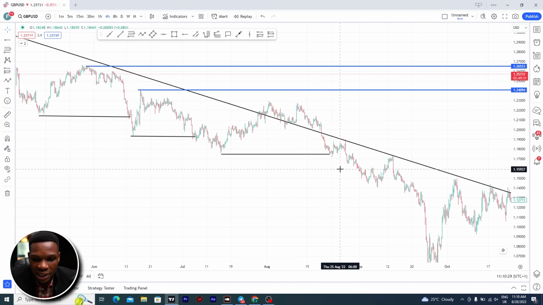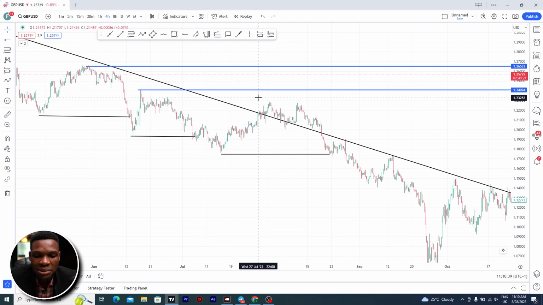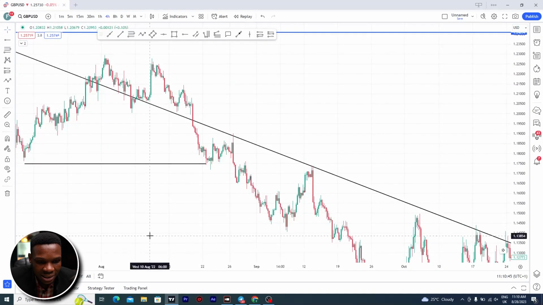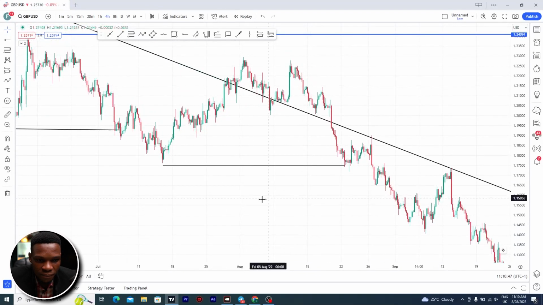So if I were to trade this pair, so long as price has not actually broken this last lower high here, I'm still bearish on this market. I'm still bearish. So the best thing I will have done to trade these is to do what? Market is trending. This is a counter trend, you see.